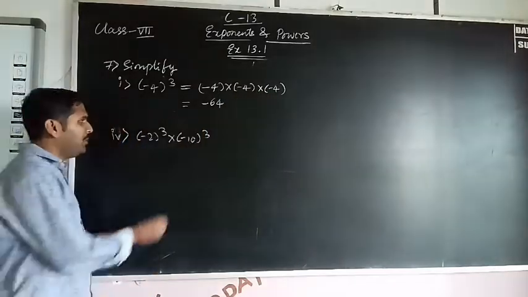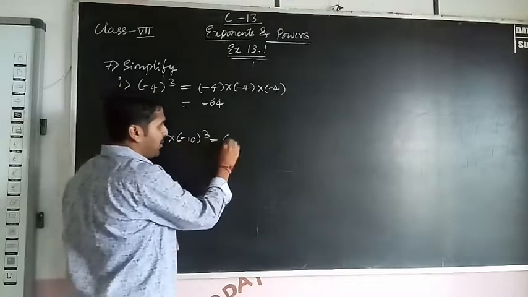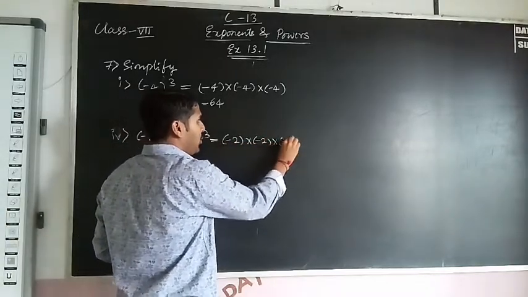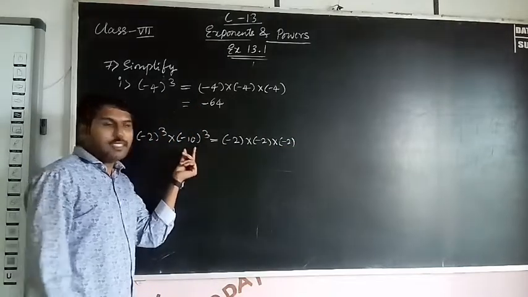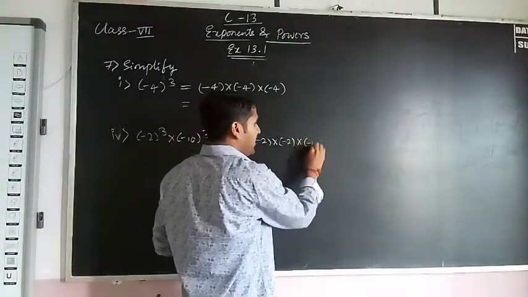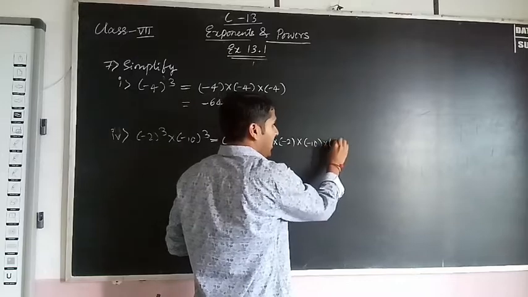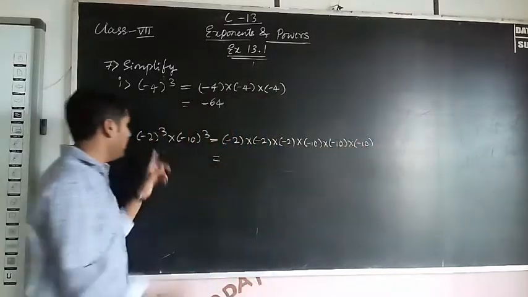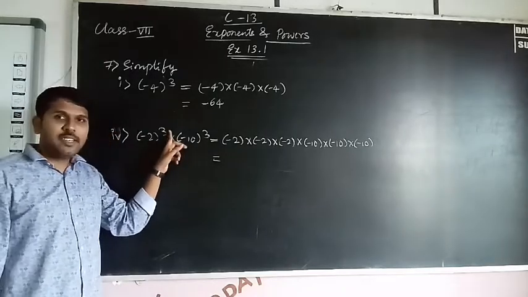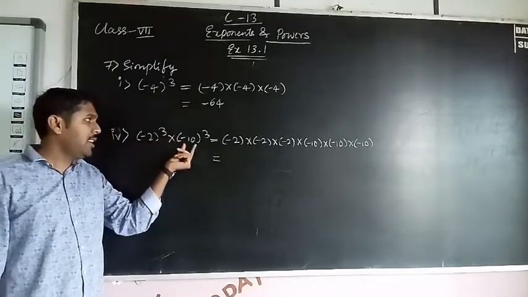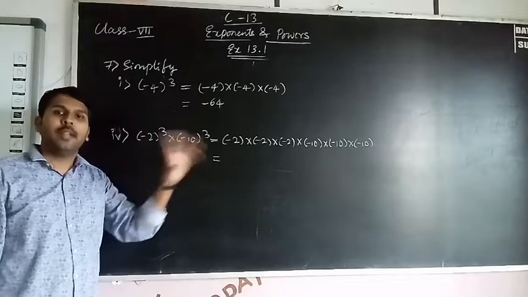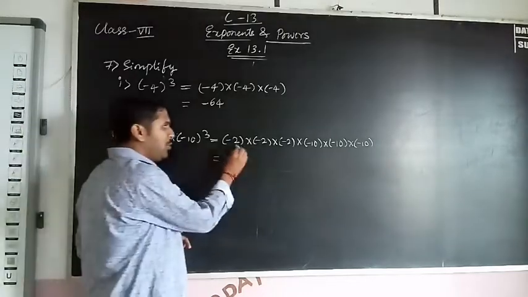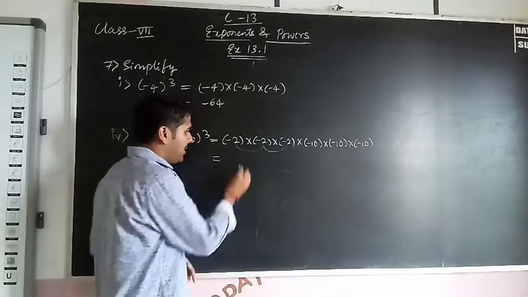So next this one. First write down minus 2 into minus 2 into minus 2. So how many times 10? That is also 3 times. Minus 10 into minus 10 into minus 10. So here minus raised to odd number is there. Here we will get minus. Again here will be minus 1, minus into minus is plus. The resulting sign will be plus. So how to solve this one? 2 2s are 4, 4 2s are 8.